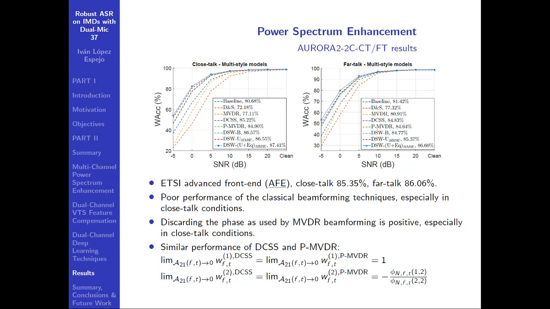Nevertheless, we should not forget that both techniques are different, and in the thesis report it's demonstrated that PMVDR has nicer properties than DCSS, as for example PMVDR is a more robust method.